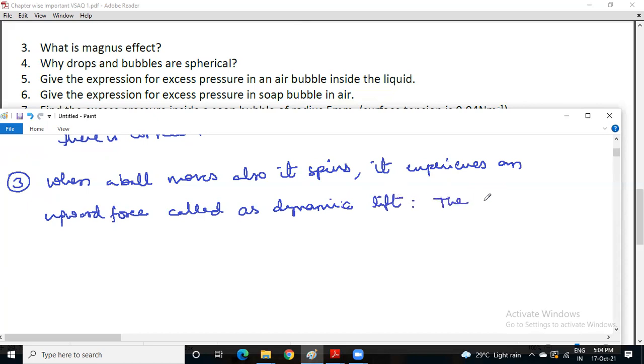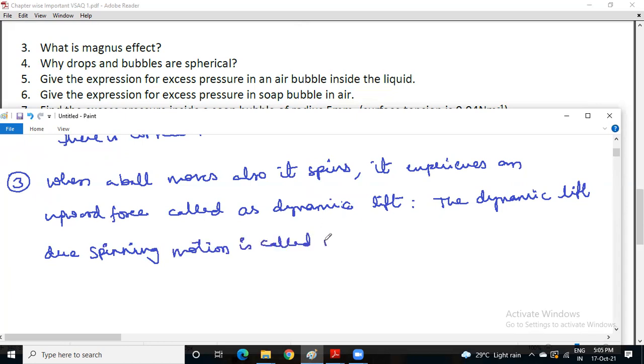The dynamic lift due to spinning motion is called Magnus effect. So you can understand that if you are interested in playing cricket or watching cricket, you can easily understand this.